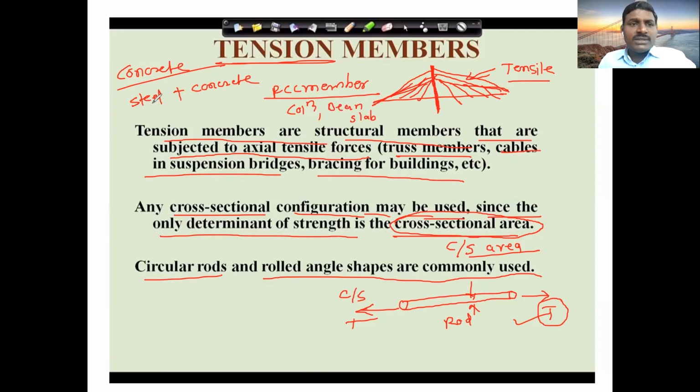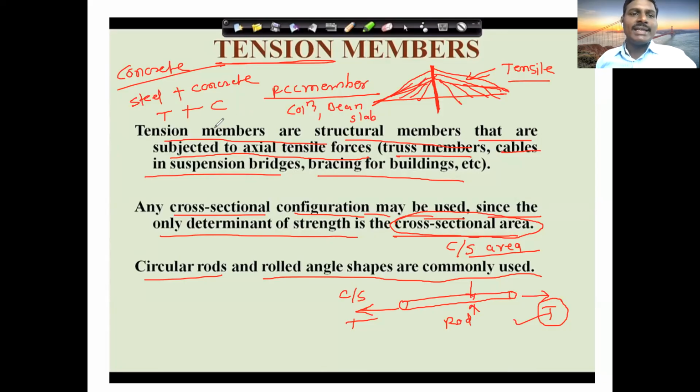So steel we are using for taking the tensile load, and concrete we are using for taking the compressive load. Whether concrete is taking tensile load? No, it is good at compressive load only.